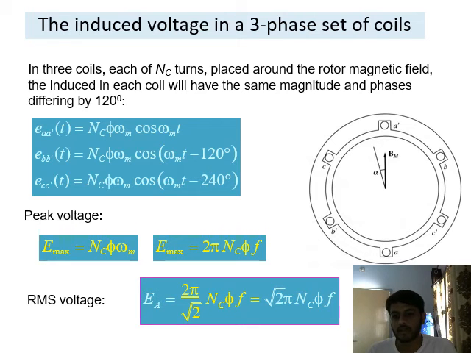Here our main task is to supply DC current to the rotor. Then we saw the equation for frequency, the equation for speed, and the equation for the induced voltage in three-phase coils.